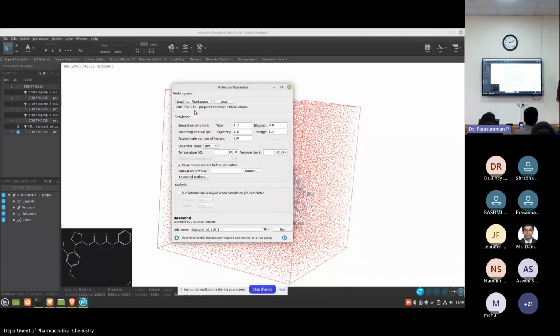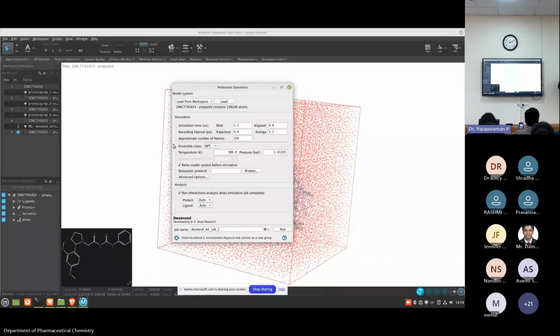Here, the simulation time, as I already explained, we can set based on your hypothesis. For example, if you are going for a protein-ligand complex, generally we'll be running on the nanosecond scale. You can run not just for 100, you can run for 50, 60, 80 based on your complex and hypothesis. Then we have frames.